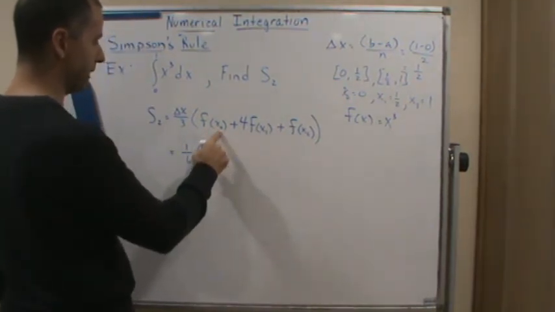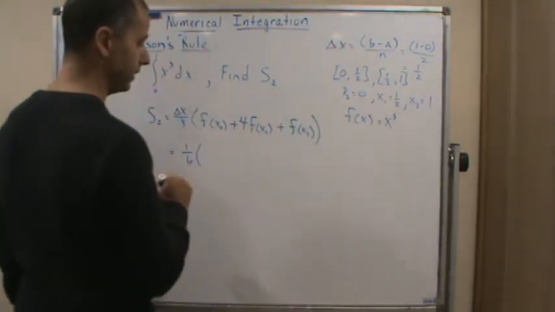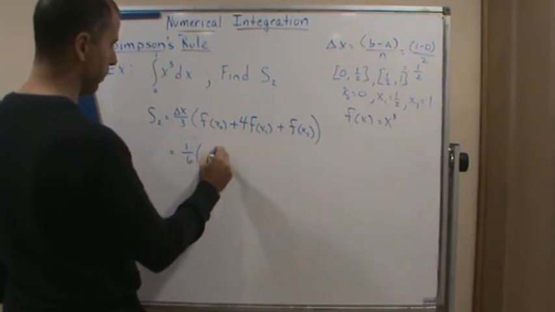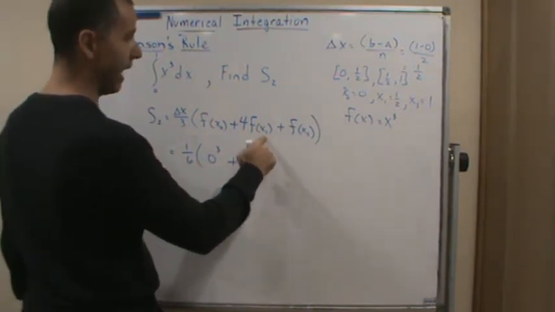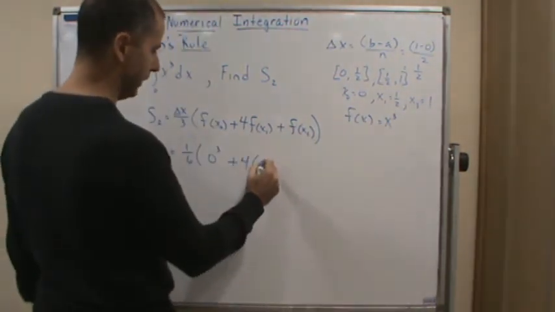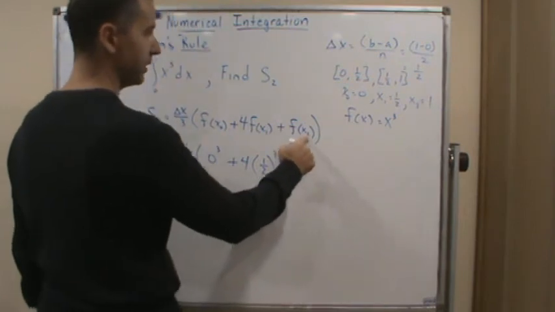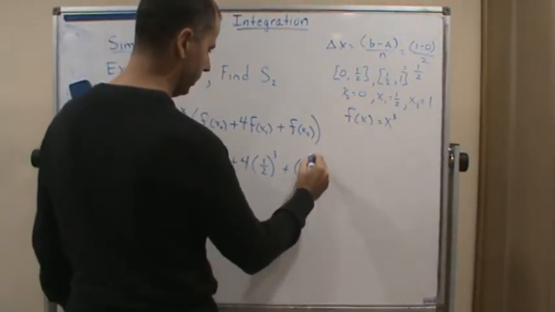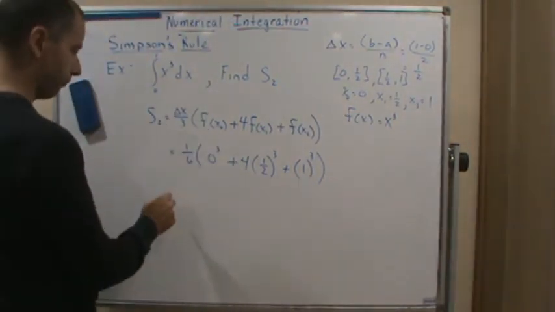This is f of x0, which is 0, right? So this is just going to be 0 cubed plus 4 times, well, this is a half, so a half cubed, and then x2 is 1, so this is just going to be 1 cubed.